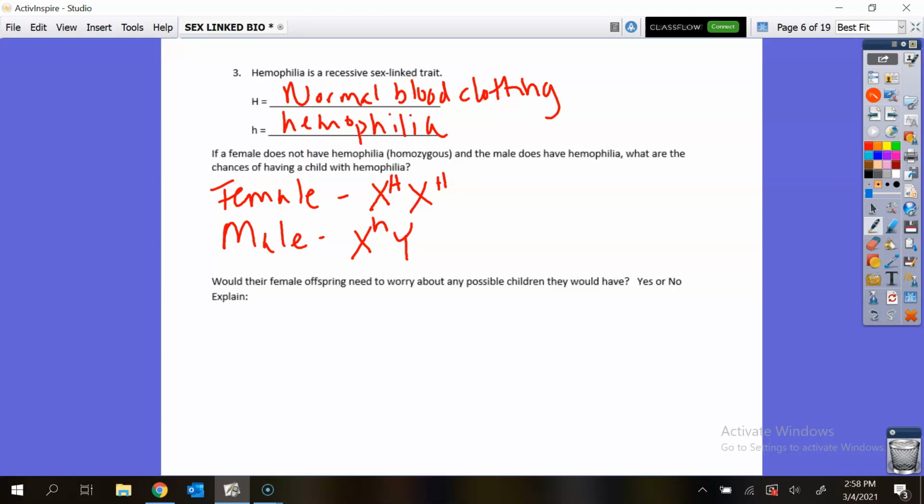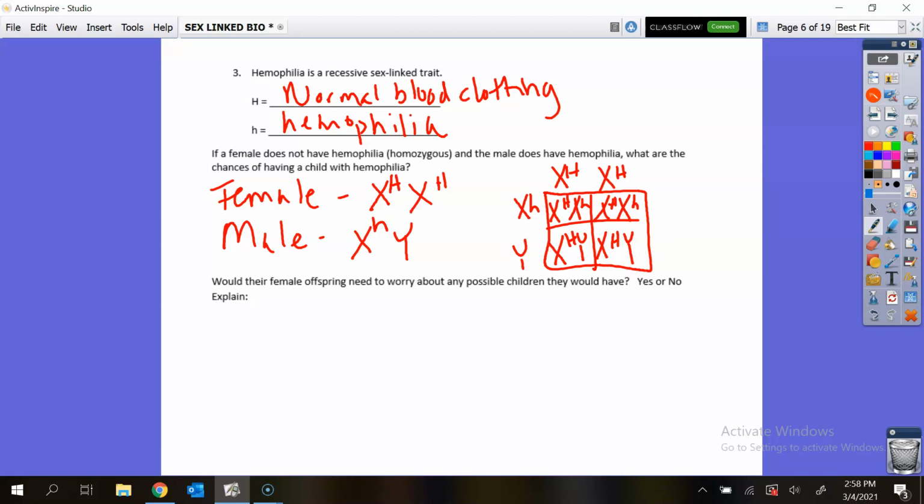Now what are the chances of having a child with hemophilia? So set up the cross. Capital letters first, alphabetical, just as always. Okay, so what are the chances of having a child with hemophilia?